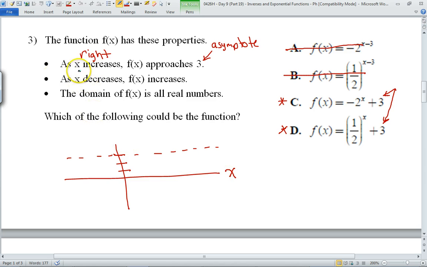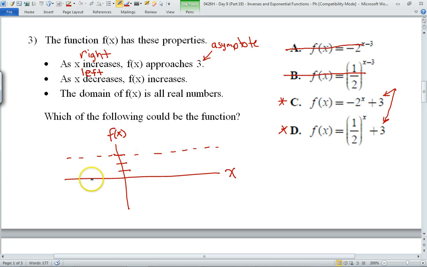When they talk about x decreasing, they're talking about moving to the left. So they're saying as x moves to the left, f of x increases. Okay? F of x is like the y value here. So as we move to the left, the function increases.